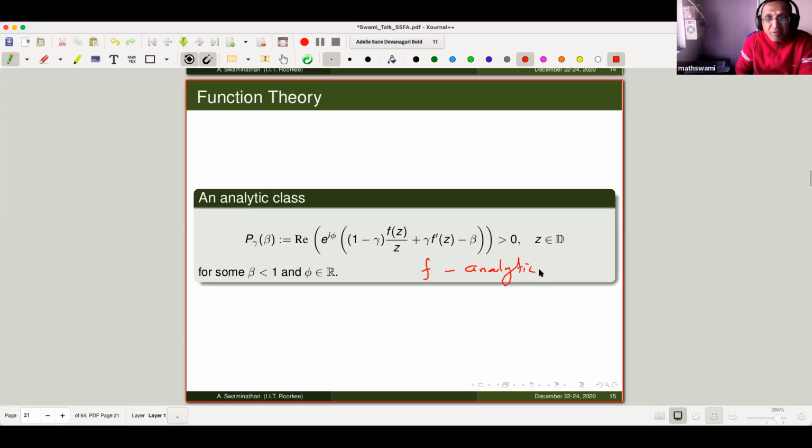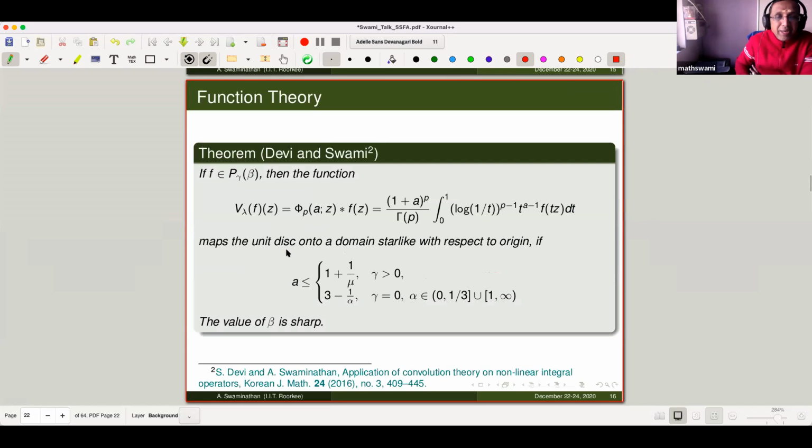For this class of functions, we have a nice property which says that whenever F is in the class which was given before, then this convolution operator, which is the Komatsu operator, maps the unit disk onto a domain which is star-like with respect to the origin.